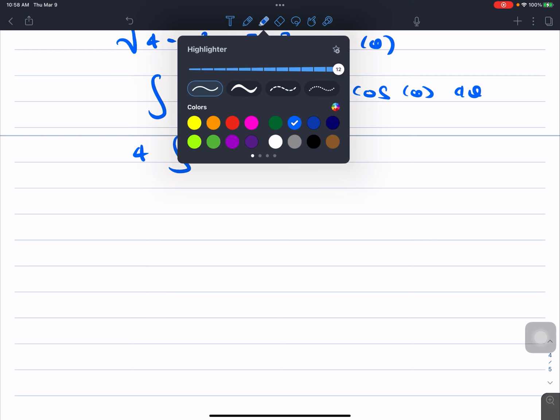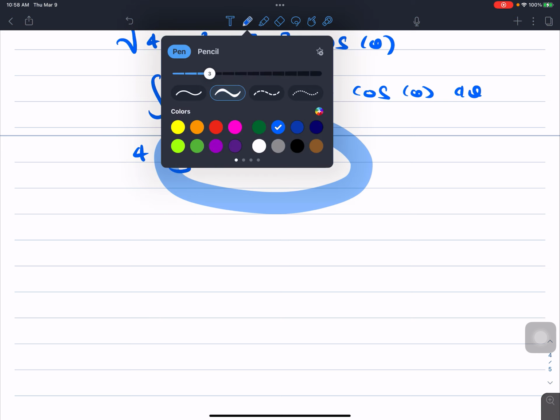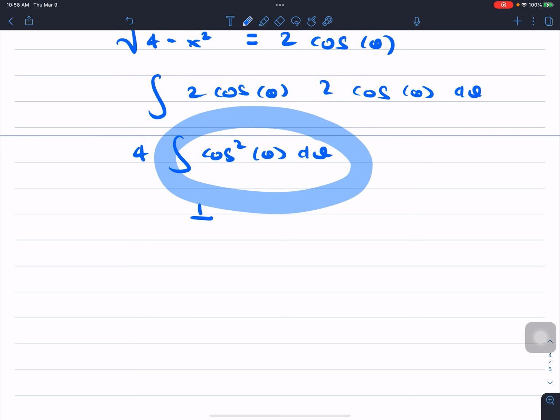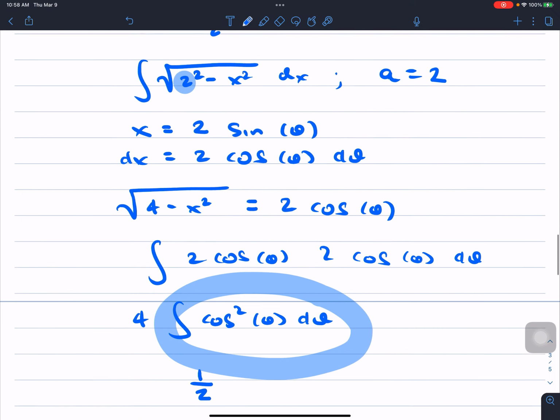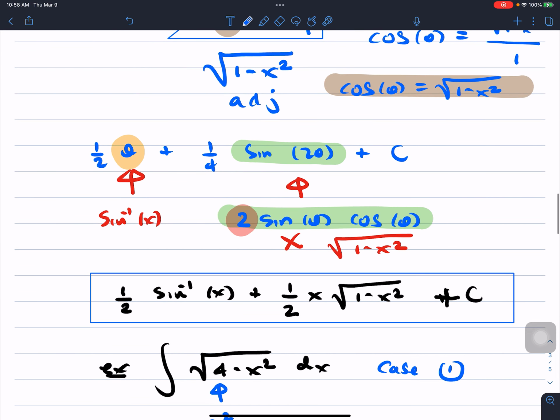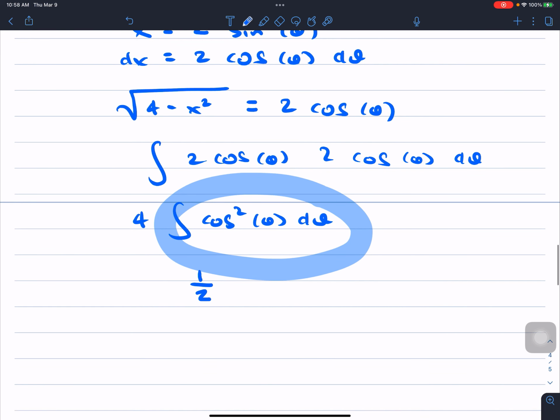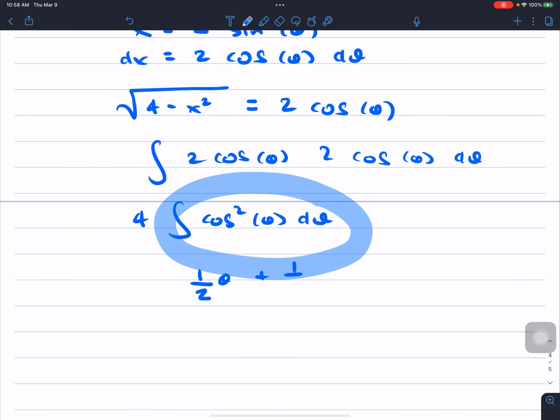And now, what's that integral? Hopefully you say, oh, I know what that one was. What was that from the last example? Integrating cosine squared, right? Didn't we get 1/2 theta plus 1/4 sine 2 theta? Is that true? So you go, oh, that was 1/2 theta plus 1/4 sine of 2 theta.